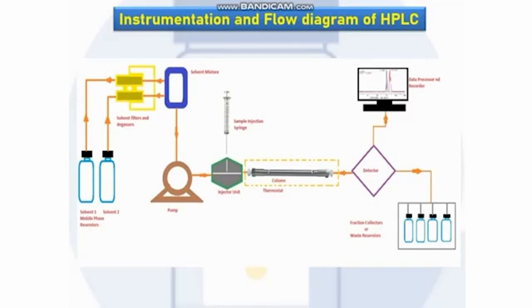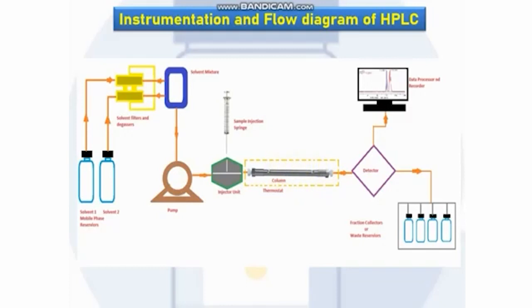It contains a packing of, say, silica or alumina of particle size 3 to 10 micrometer. It is then kept in a thermostat to maintain the desired temperature for separation.